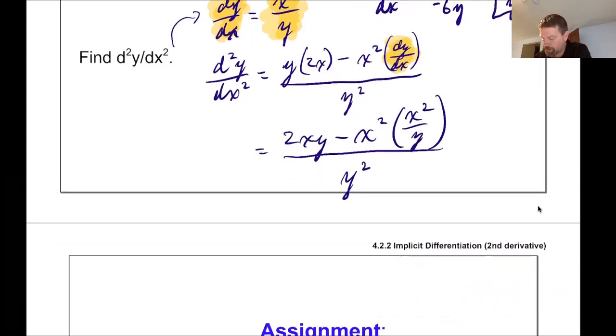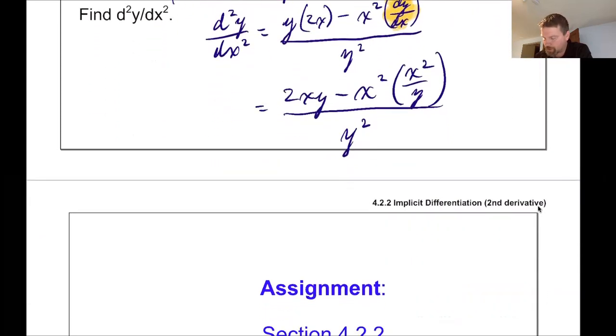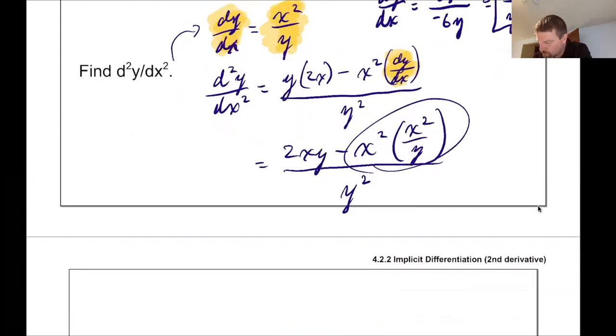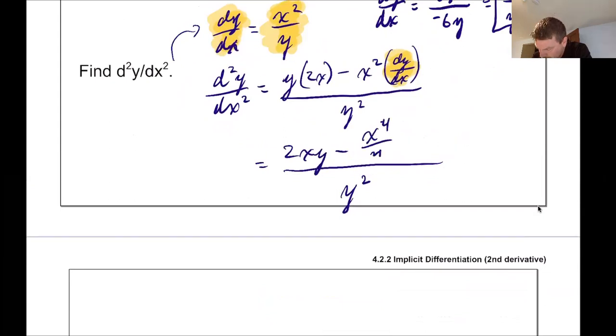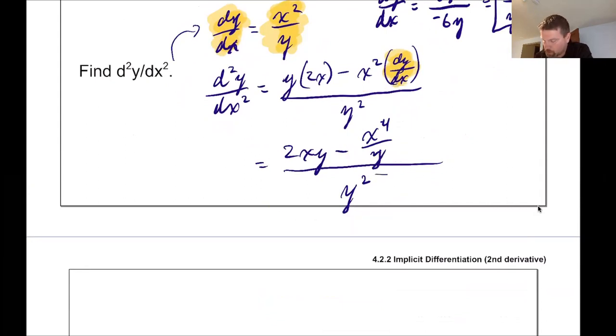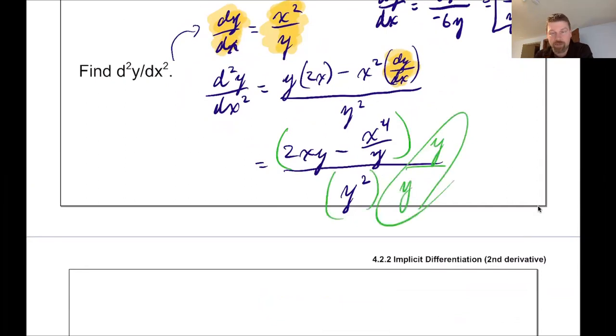Let's talk about making fractions look nicer. First off, I could rewrite that as x to the fourth over y. I'm just going to do that right there so I have room to work with. We typically don't like having a fraction within a fraction, so we can fix that by getting rid of that denominator. That's a y in the denominator, so I'm going to multiply everything in the numerator by y, everything in the denominator by y, because multiplying by y over y is like multiplying by 1, so it doesn't change anything.